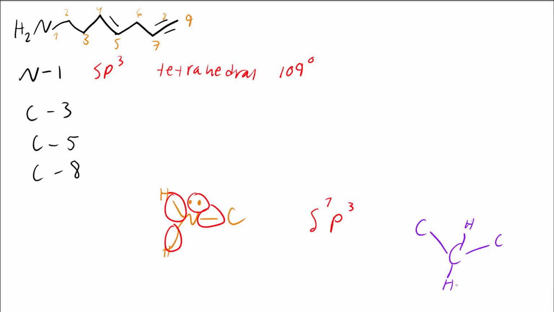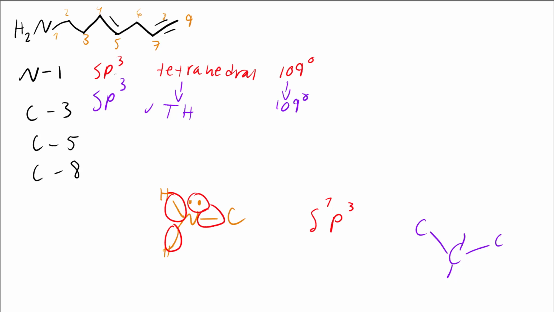And so 4 things also surround it, that being 1, 2, 3, and 4. Those are 4 electron zones, meaning that we are an sp3 formation. So it's the same thing. We also have 109. So let's call that tetrahedral.